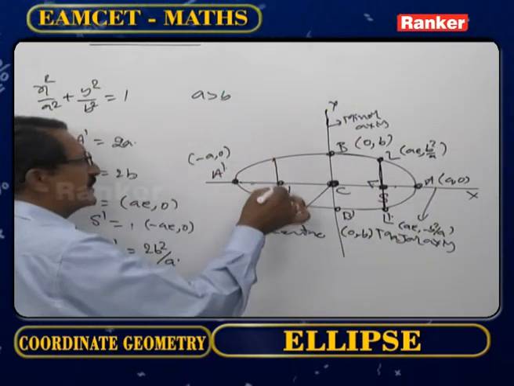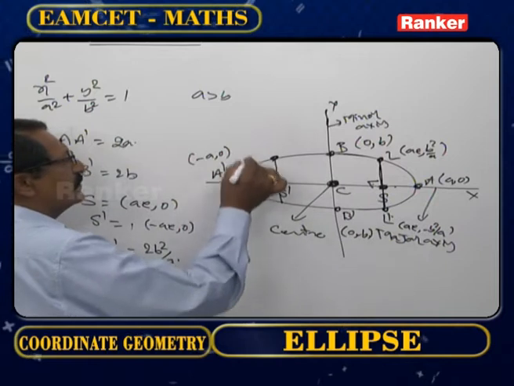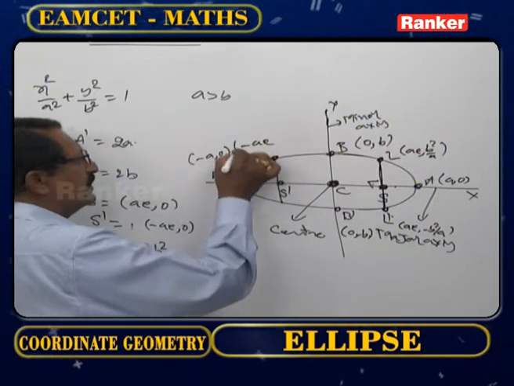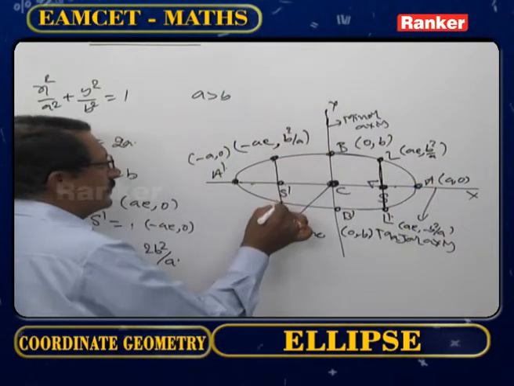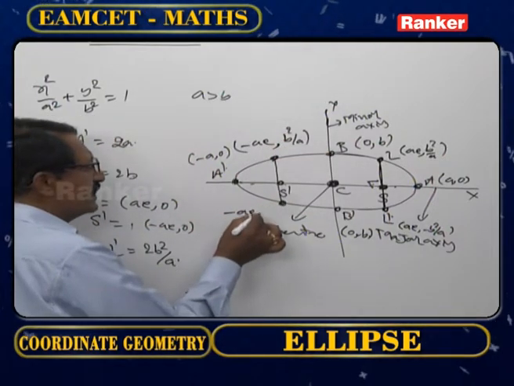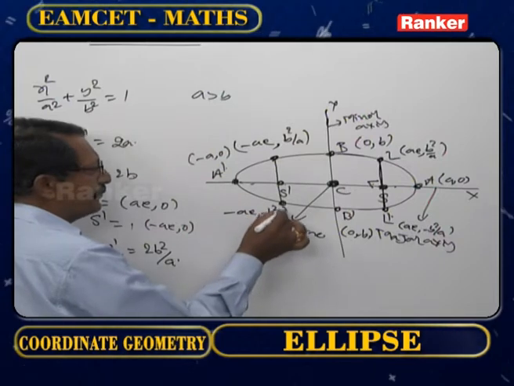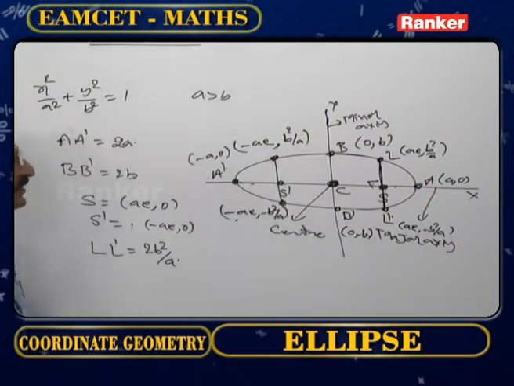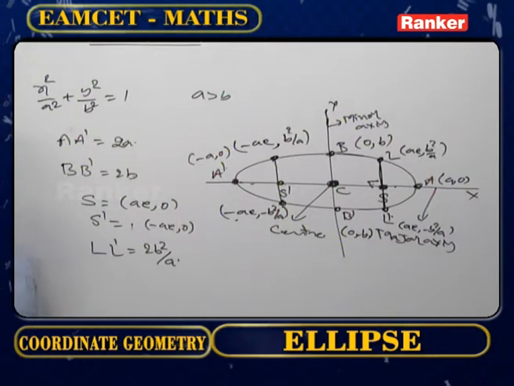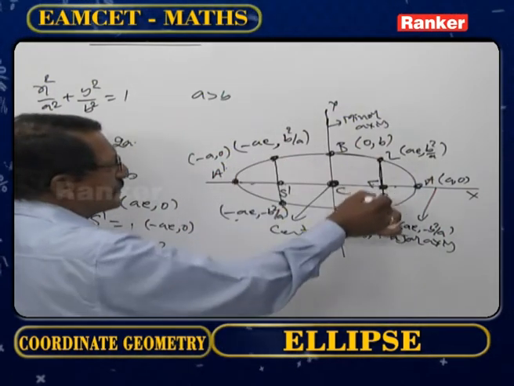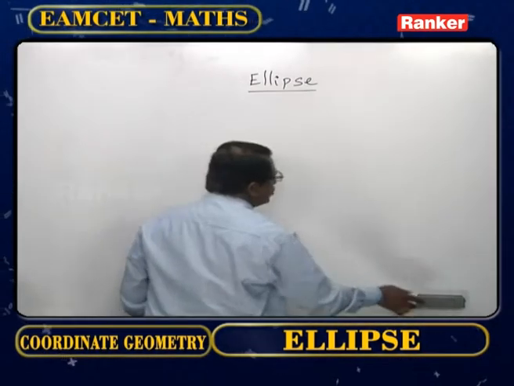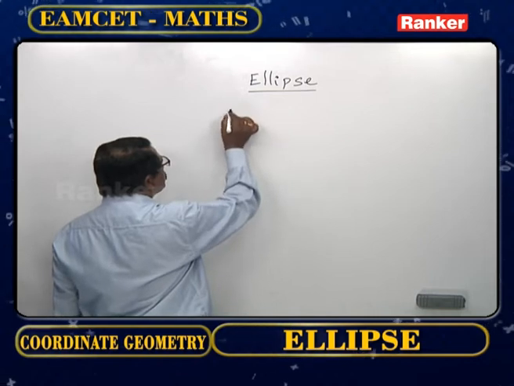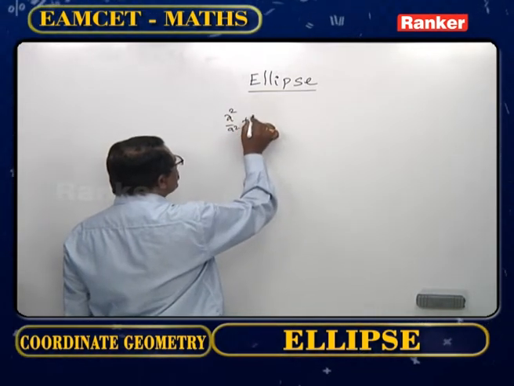The second latus rectum has ends (minus ae, b square by a) in the second quadrant and (minus ae, minus b square by a) in the third quadrant. So the ends of the latus rectum are (plus or minus ae, plus or minus b square by a), four ends.